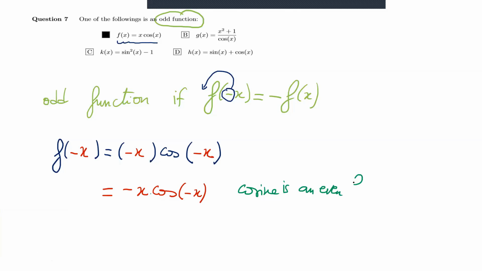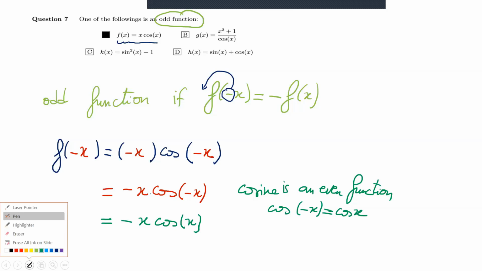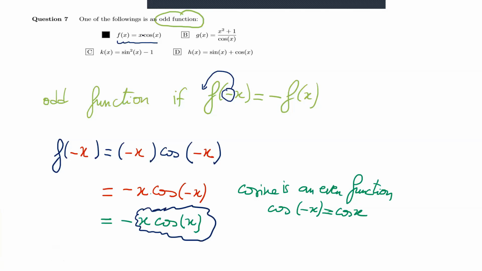What does it mean, an even function? This means that cosine of minus x equals cosine of x. So here we remove the minus, cosine x. And we have to compare this function to f of x. But this part is exactly f of x. So it's minus f of x. So we see that the minus here is outside. So this function is okay.